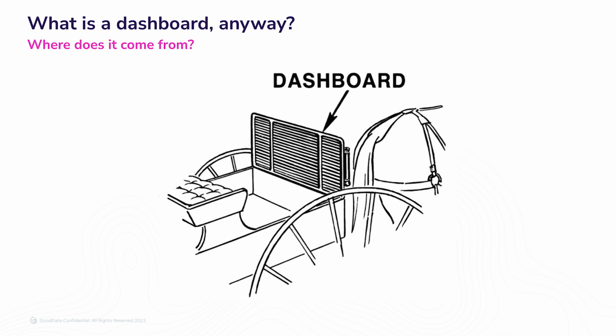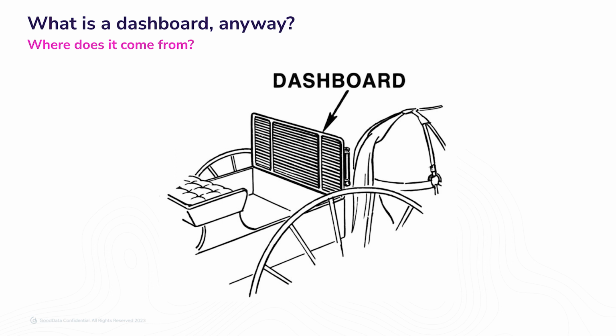It's basically the piece of wood, the board, which was protecting the coachman on the carriage from the dirt, which was thrown out as the horse was dashing through the dirt, which means putting those two words together created the word dashboard.